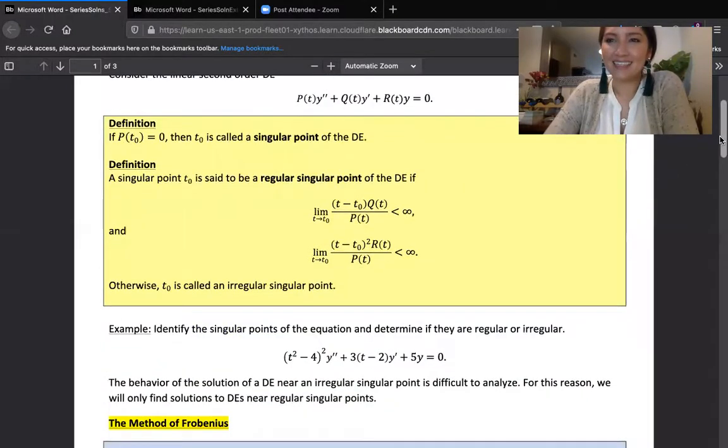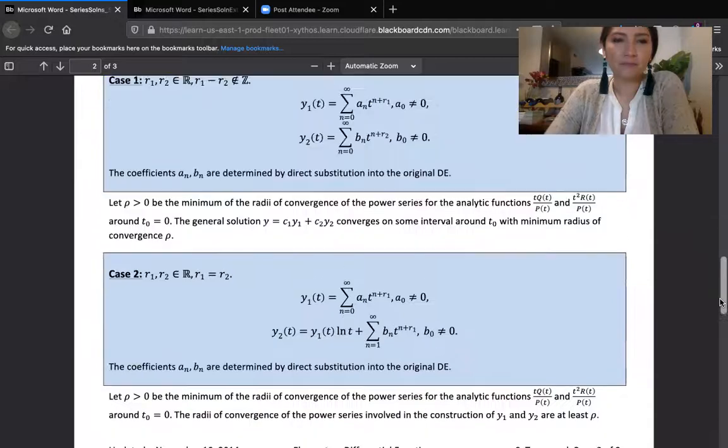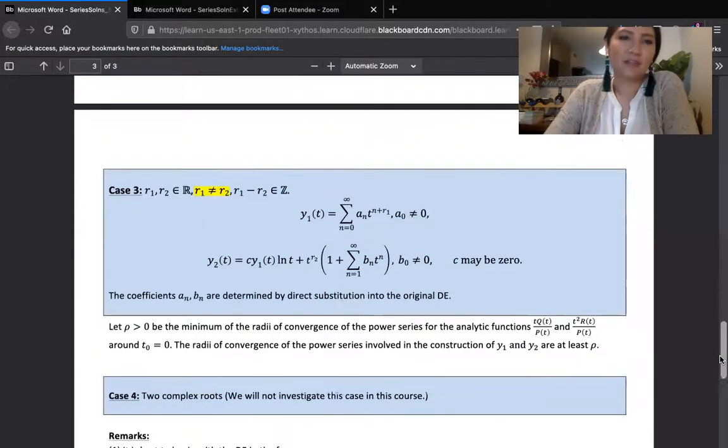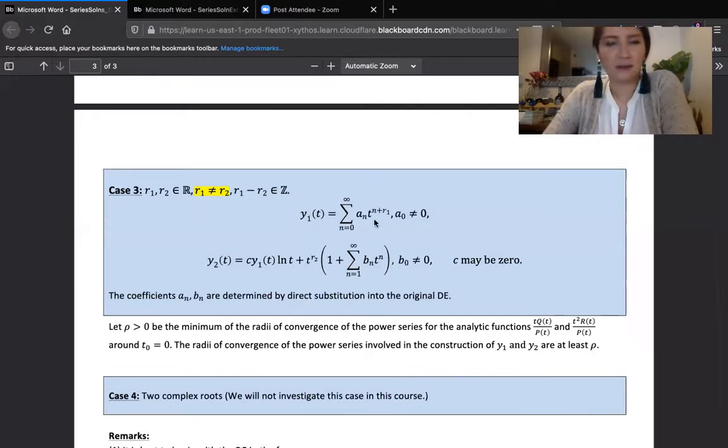And let's see the last one. Case 3 is very similar. If r1 and r2 are not equal to each other, but their difference is an integer, then y1 and y2 can be constructed in this way. You find y1 the way we talked about already. And then for y2, you assume that y2 has this form, and you'll differentiate twice.